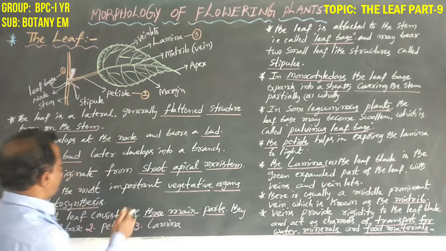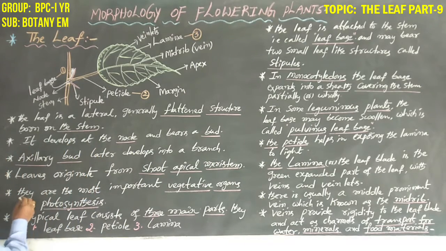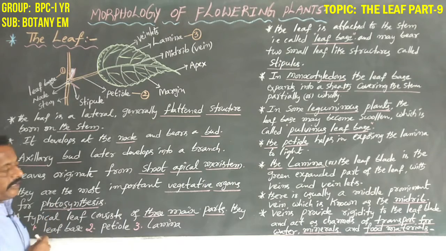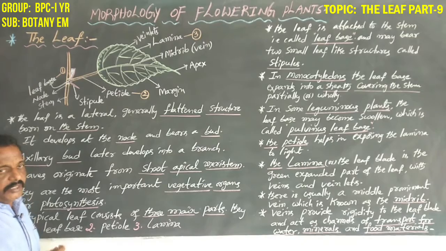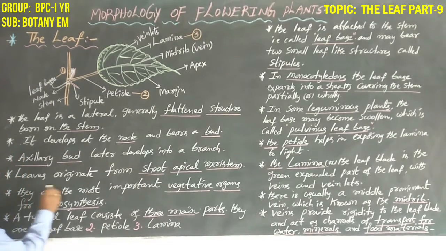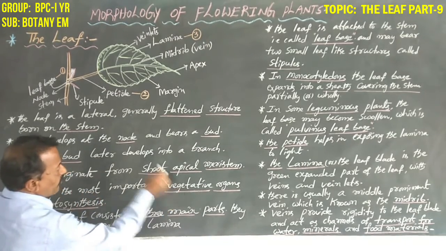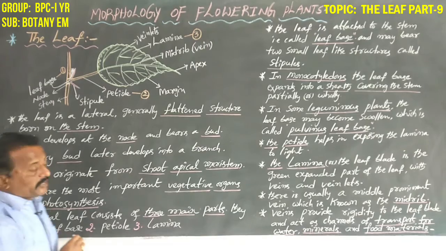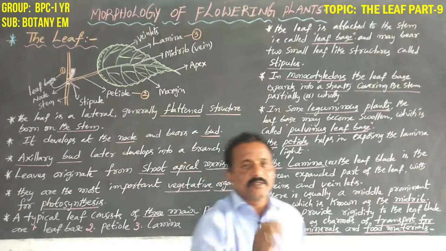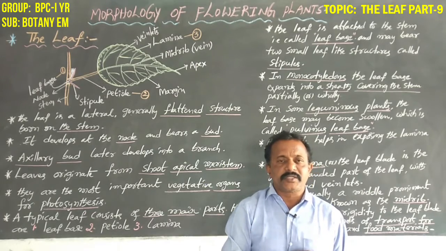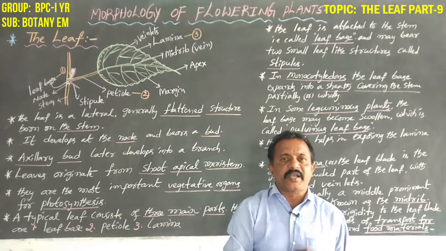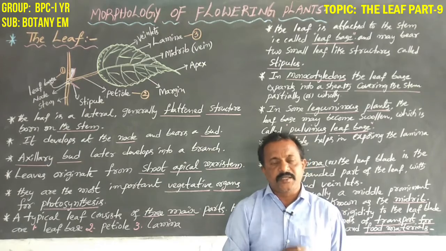Next, what are the important things about leaves? What is the main function of the leaves? Dear students, they are the most important vegetative organ for photosynthesis. The leaf always carries out photosynthesis. Why?